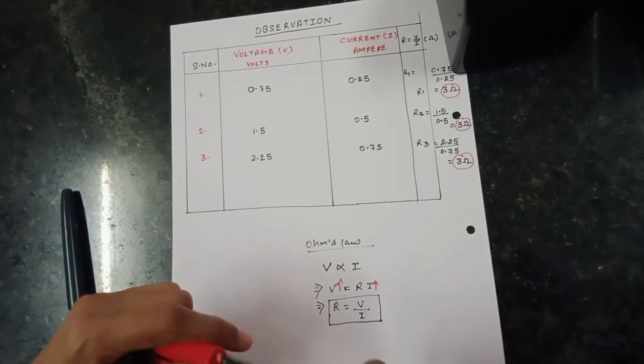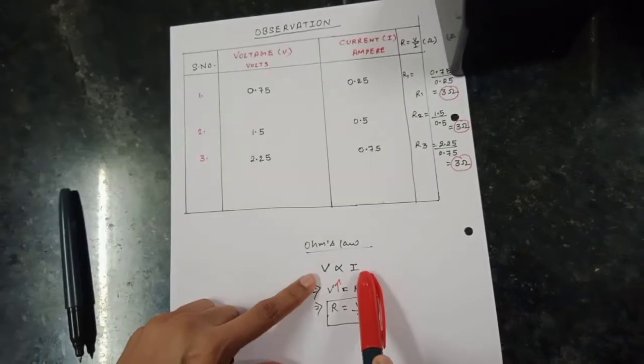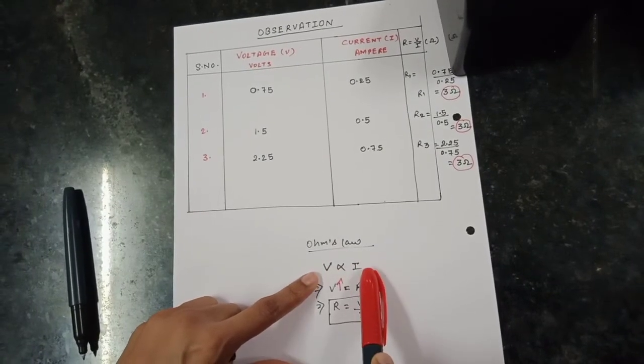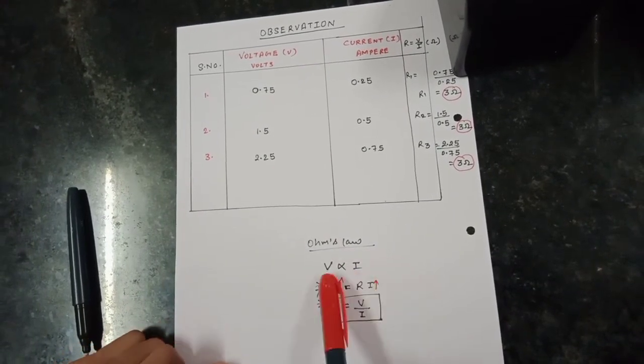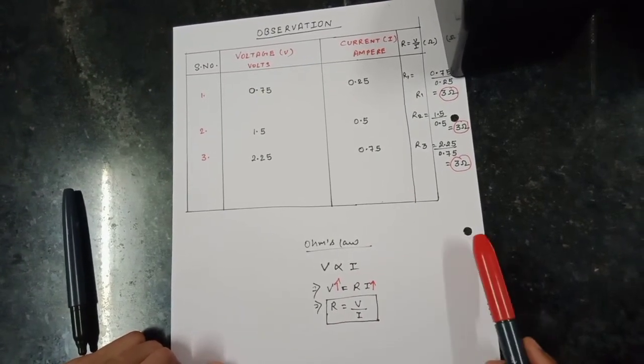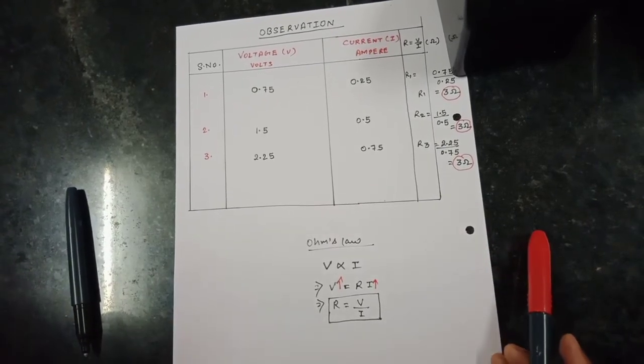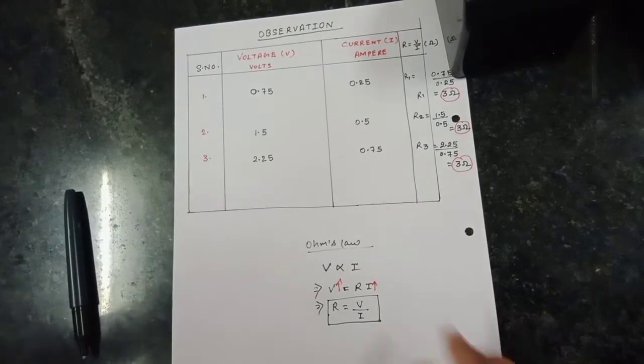Whenever we have two physical quantities, that is V and I, potential difference and current, directly proportional to each other, dependent upon each other, we can have the physical representation through a graph. So we can plot a graph also for this observation.